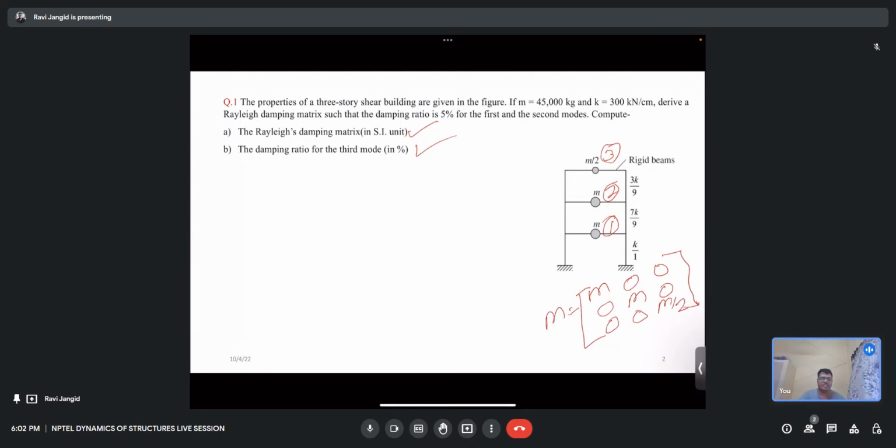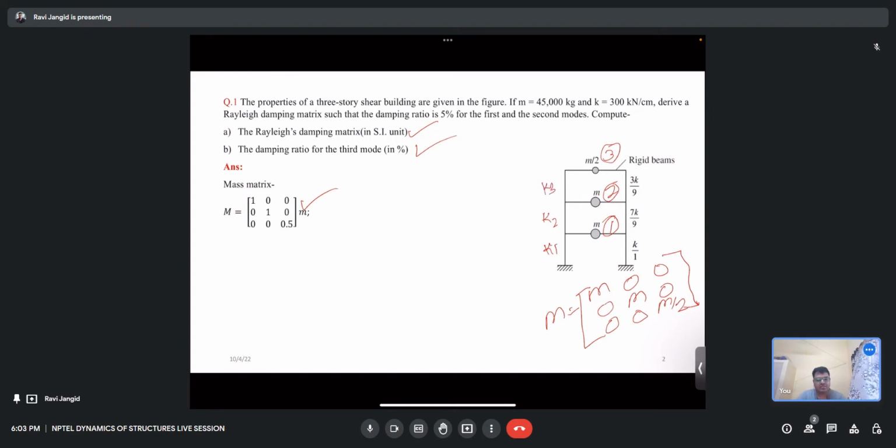So the mass matrix here is: m 0 0, 0 m 0, 0 0 m by 2, and I am taking the m outside. So this is my mass matrix. And for the stiffness matrix, let us suppose this is my k1, this is my k2, and this is my k3.